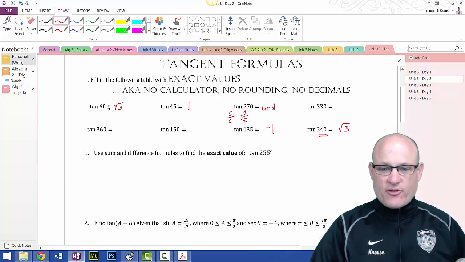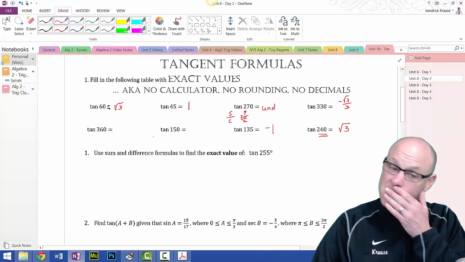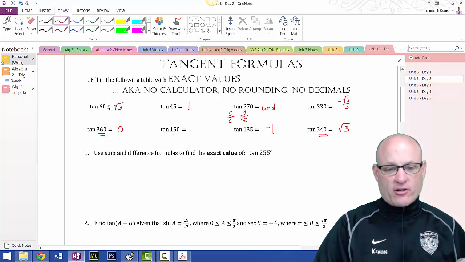Tangent of 330, reference angle of 30 degrees, therefore it's the square root of 3 over 3, but in the fourth quadrant it's negative. Tangent of 360, that's where sine is equal to 0, so that would just be 0. And this has a reference angle of 30 degrees in the second quadrant where it's also negative, radical 3 over 3, but negative.